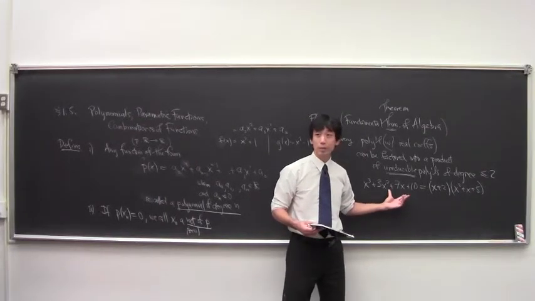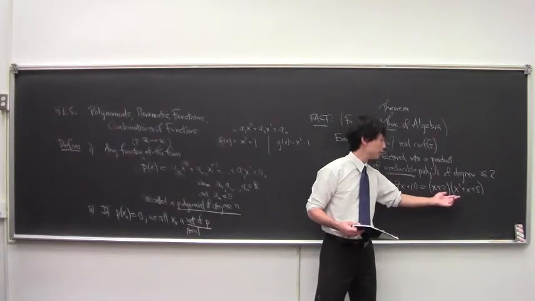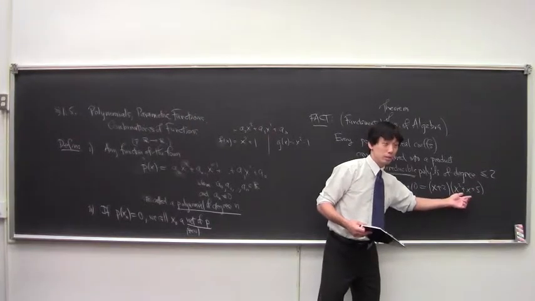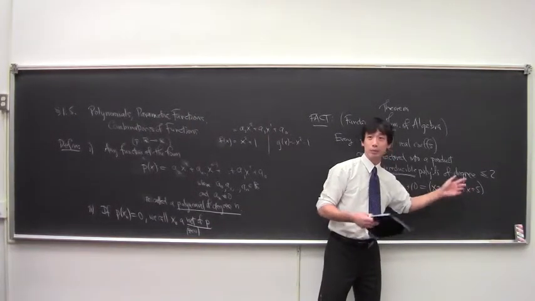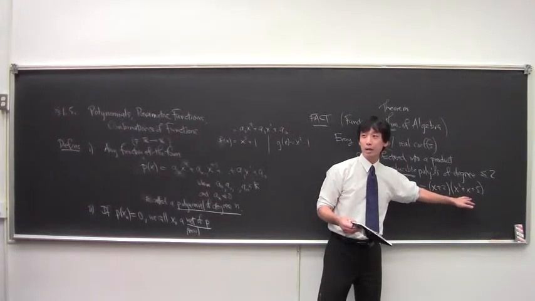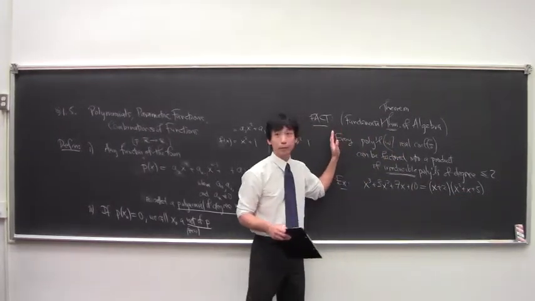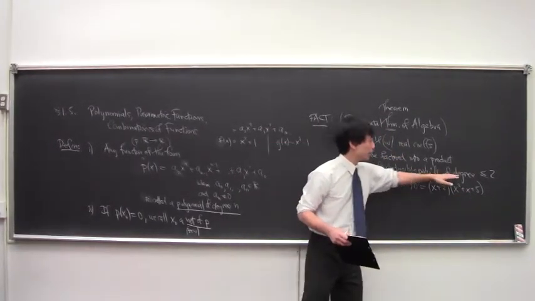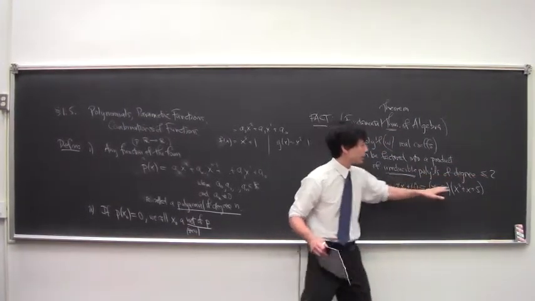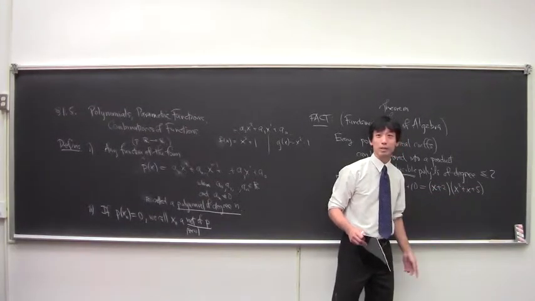So this degree 3 polynomial you can factor down into a product of this degree 1 guy and this degree 2 guy, and this degree 2 guy can't be broken down any further, unless you use complex numbers. If we're doing complex numbers, then this statement is really that everything gets down to degree 1. But over the reals, you might have something like this that can't be broken down unless you use complex numbers.